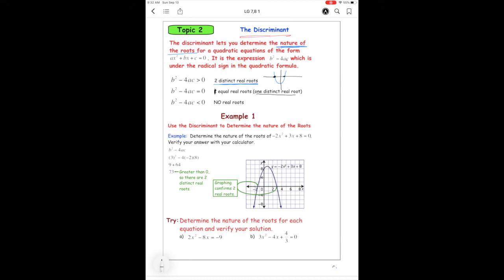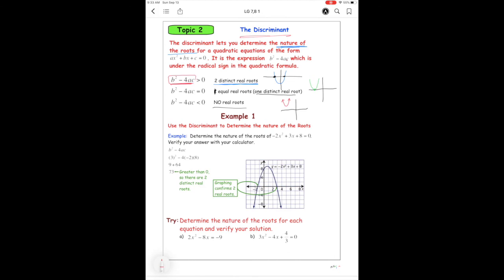So it's 2. This is a typo. It should be one equal root or one distinct root. That's when the parabola comes down and just touches once. Or you can have no real roots. That's when the parabola comes and doesn't touch. All right.